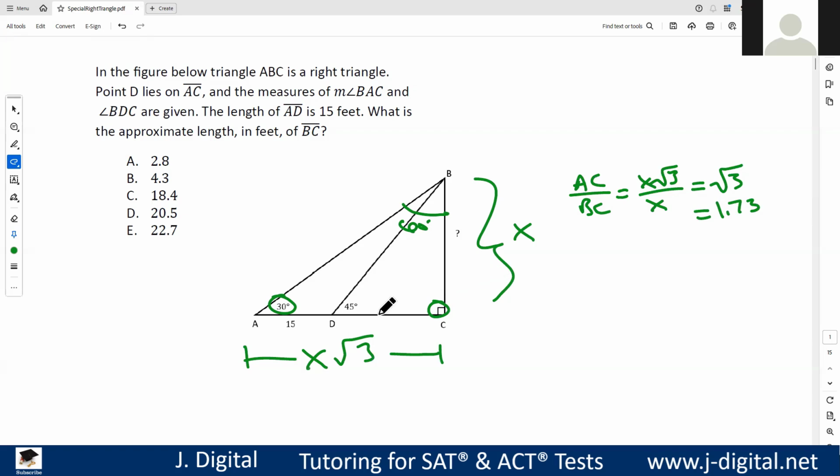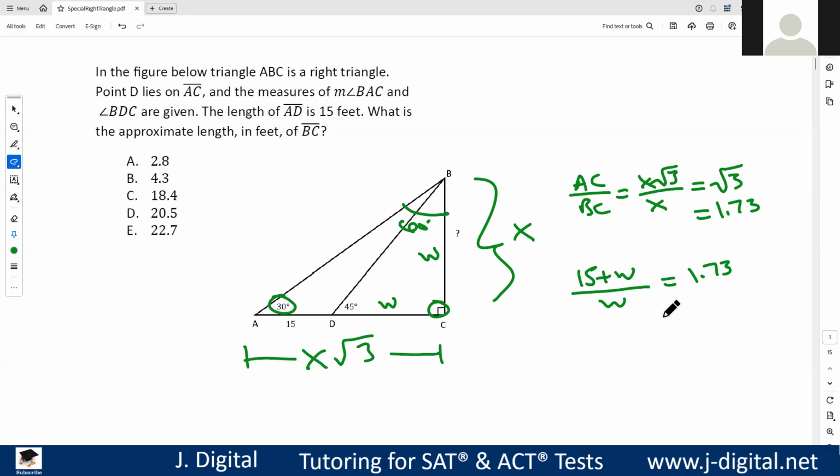Now if I call DC W, that BDC is still the 45, 45, so BC is also W. Okay, so we set up this ratio. AC is 15 plus W, and BC is W. We just said that should equal about 1.73.